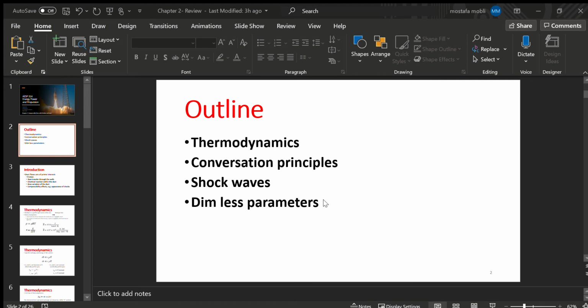So let's get to the conservation principles. The conservation concept, we have two main conservation here. It is not conversation. We have three main conservation principles. It doesn't matter where you are in thermal fluid analysis, these principles are there.